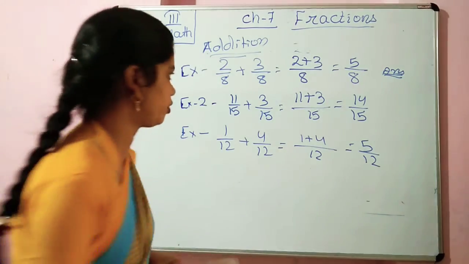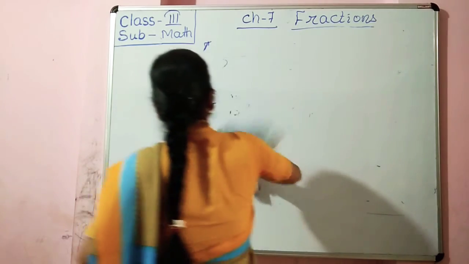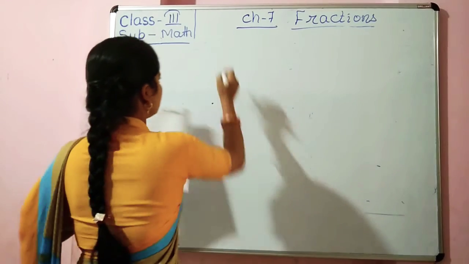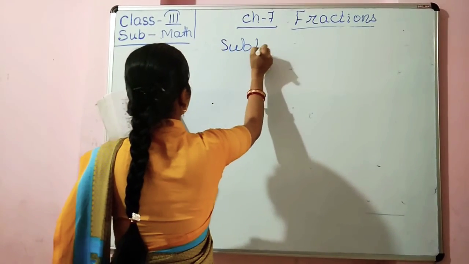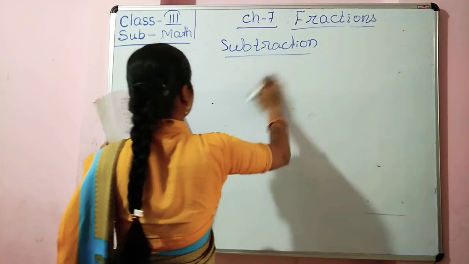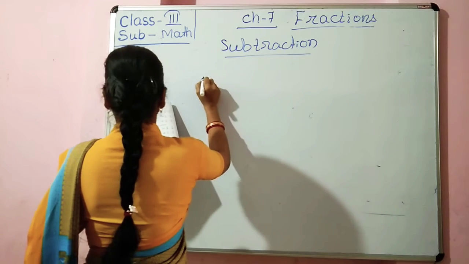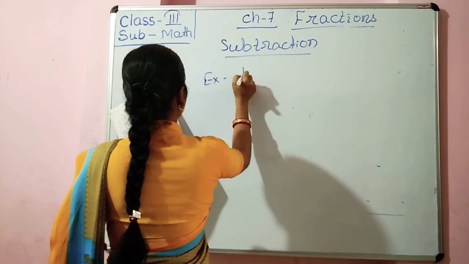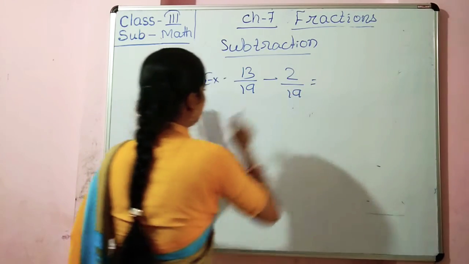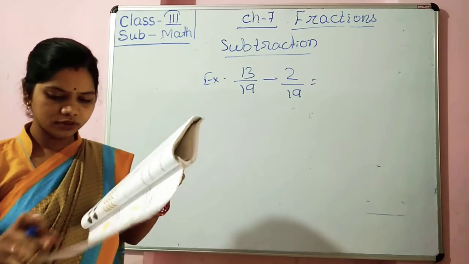Next, the subtraction of fractions. Suppose, look, example 13 by 9 minus 2 by 9. In this case also the denominator remains the same.